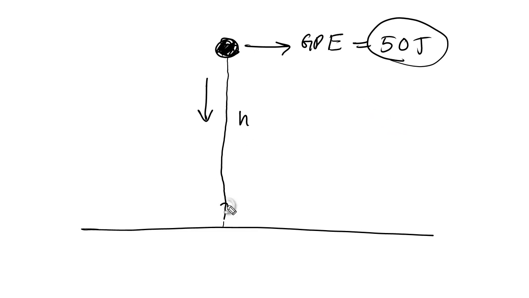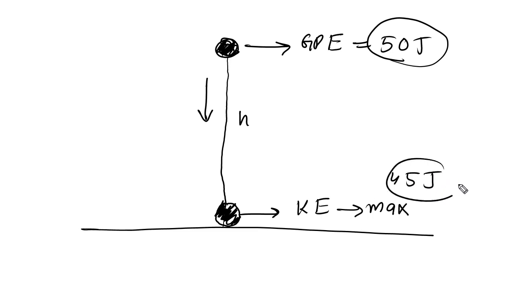Just before hitting the ground, over here, this ball will have maximum kinetic energy. Why? Because all the gravitational potential energy has been converted into kinetic energy. But here, instead of 50 joule, the kinetic energy is 45 joule. The rest of the 5 joule of energy has been wasted. Now where did it go?